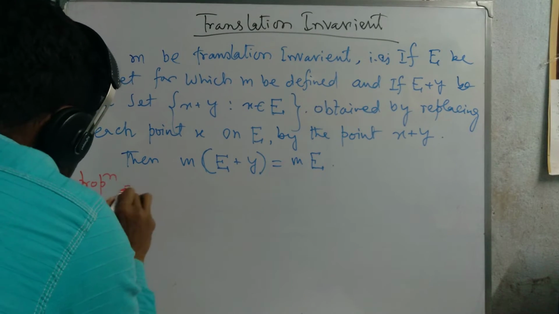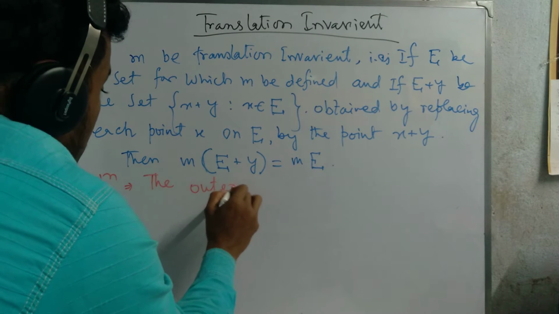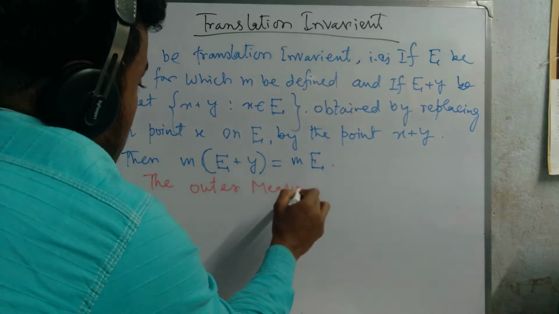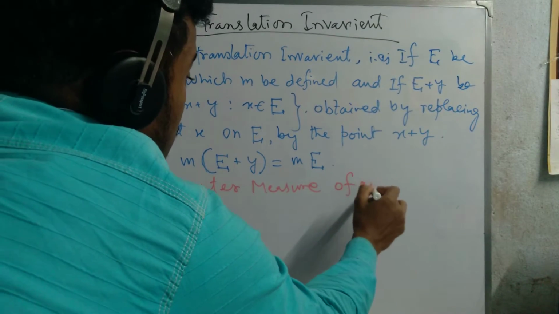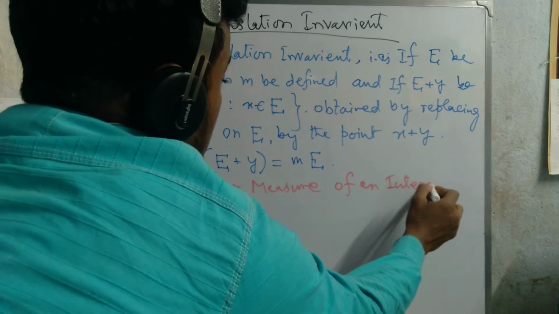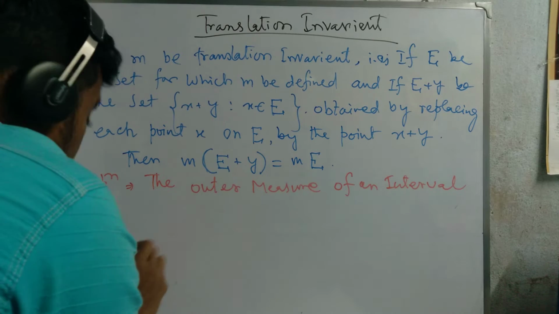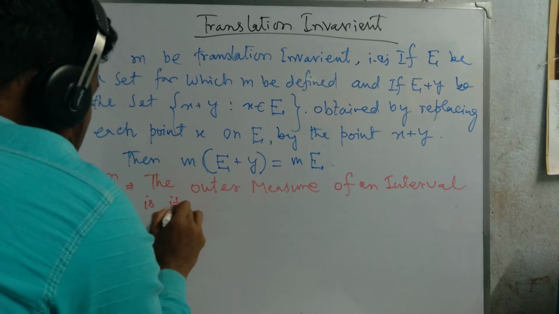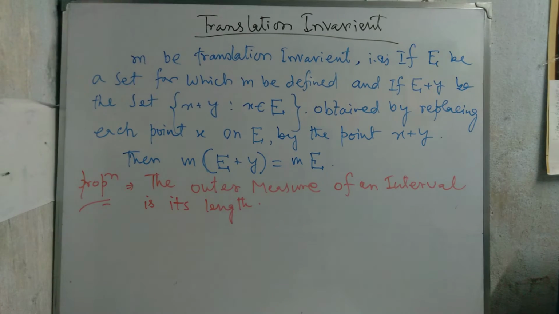This proposition says the outer measure of an interval is its length.